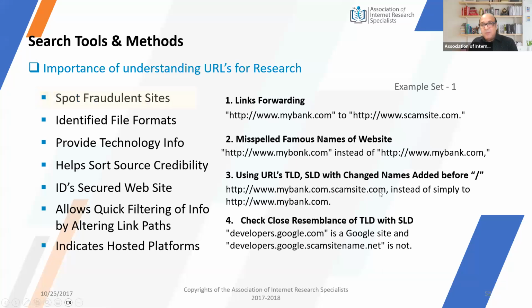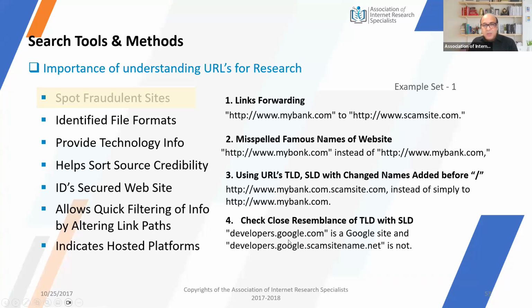Whereas this .com is actually the extension of the domain, and here in .com .scam site, the com part is considered as part of the wordings or the name of those domains. So this is another variant.